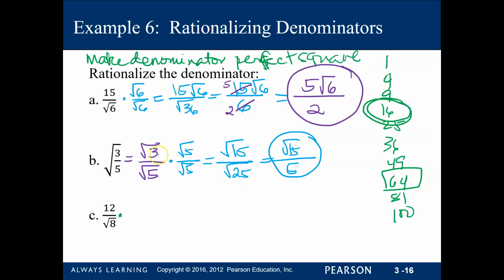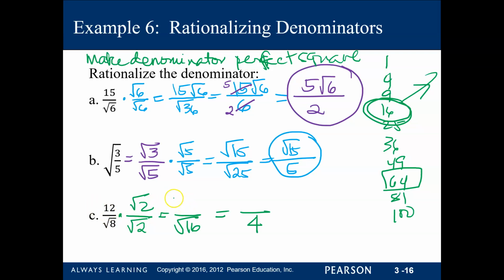So in rationalizing the denominator, this time we choose the smallest perfect square. How can we make square root of 8 become square root of 16? To make it become square root of 16, we need to multiply it by the square root of 2. So square root of 16 will now simply be 4.